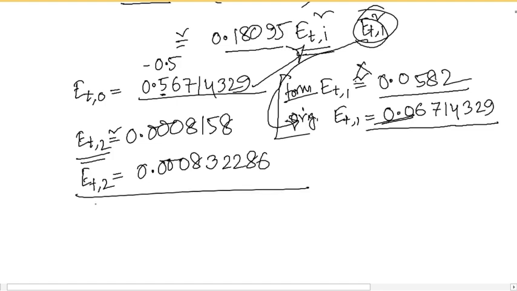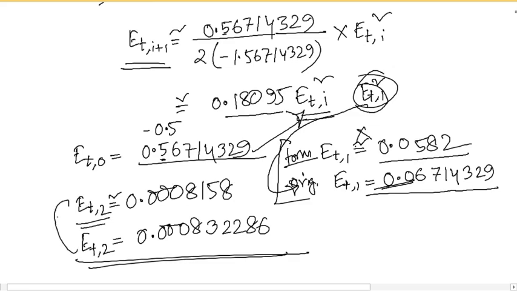In our case, this is the true error and the other is the approximation. That's why this is close to this one.